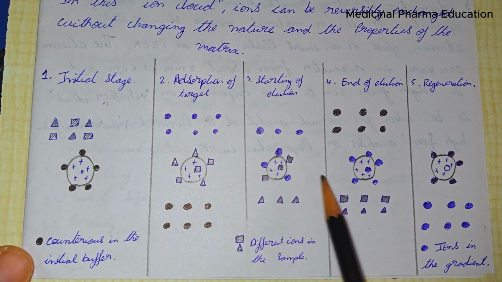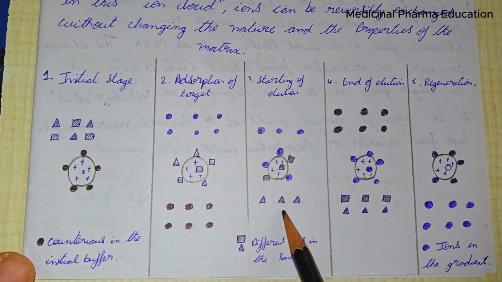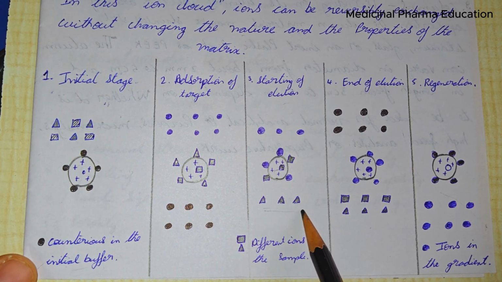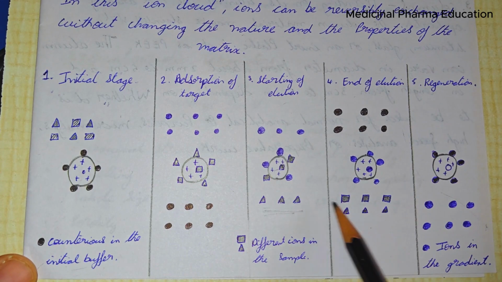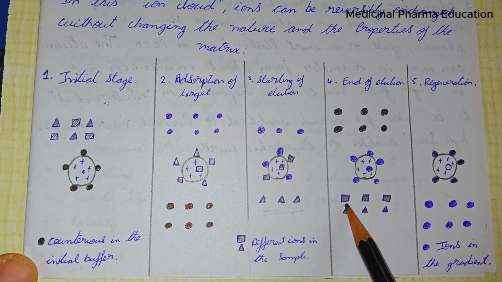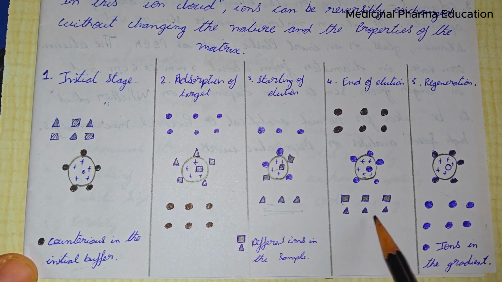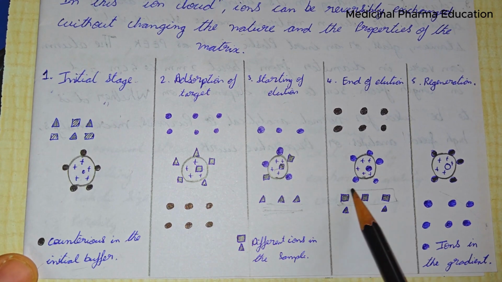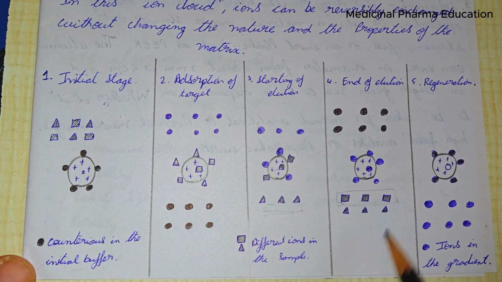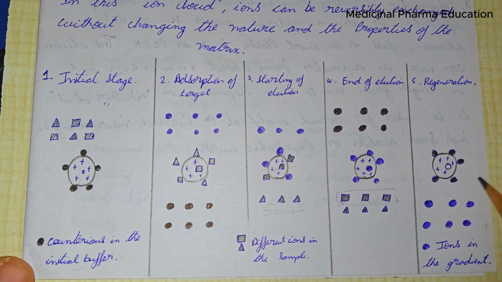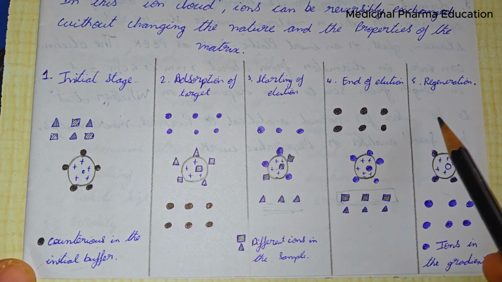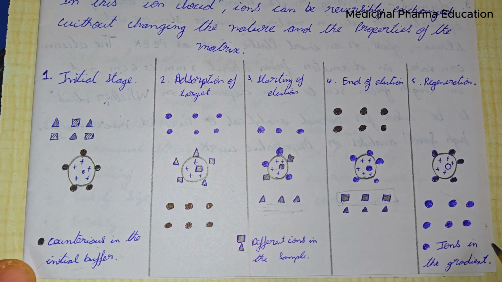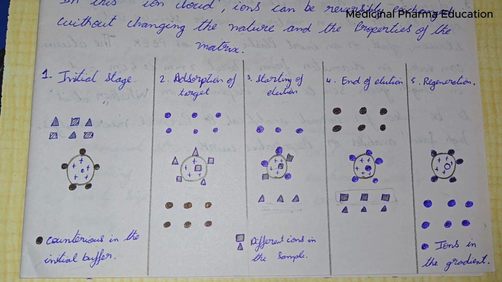First the triangles come out. Next, at the end of elution, the rectangles or cubes come out. Lastly, we will add the initial buffer again to remove the required solution which we want. This is the process.